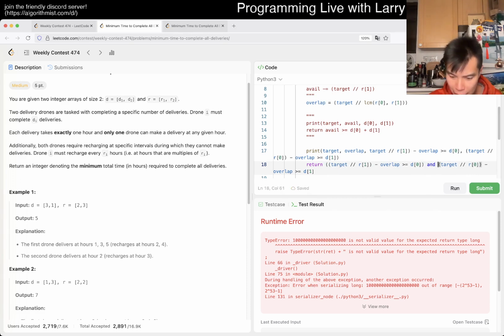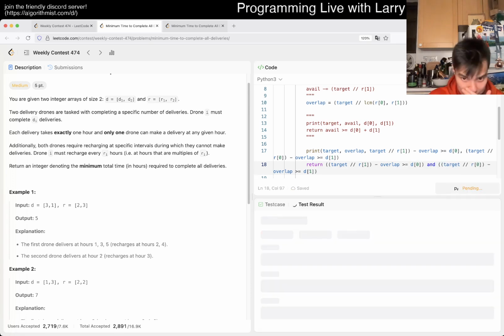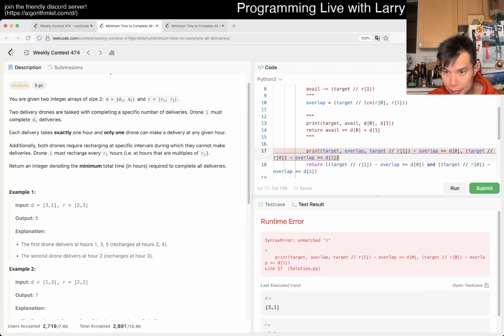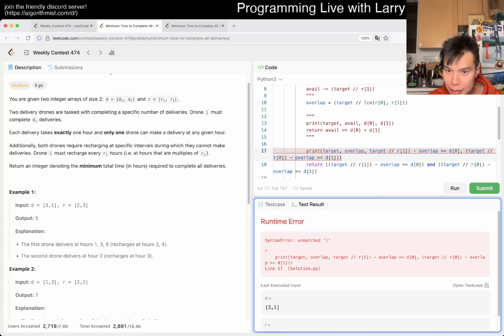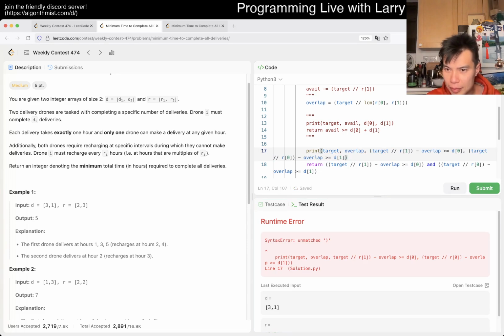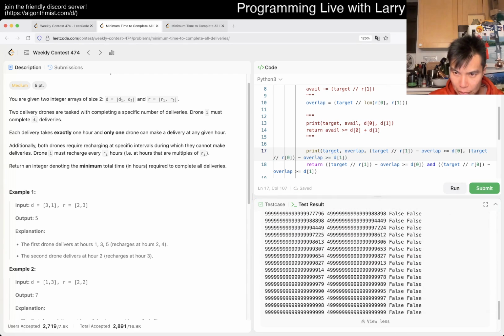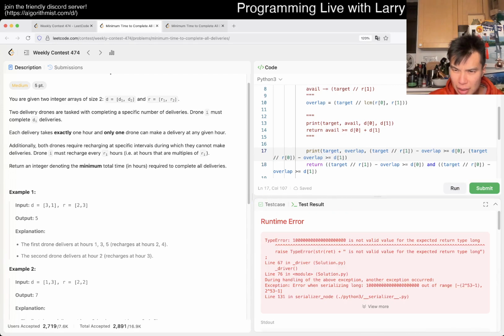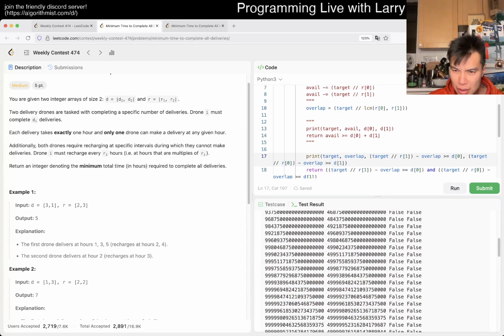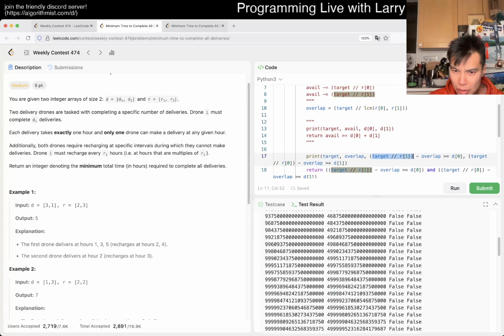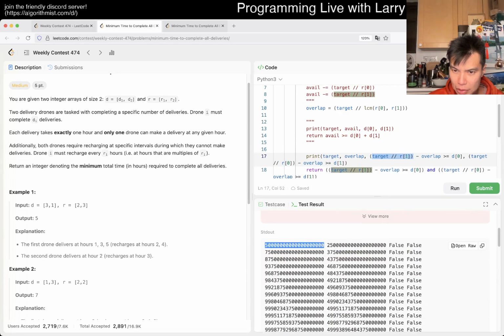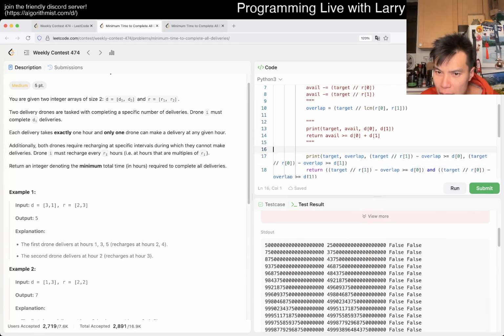You never know. I meant not syntax, but like an order of operation thing. Did I miss someone? Oh, I did. Okay. So it's false all the way. Why? Target. Oh, the overlap. This should be true, right? This. Oh no, this is target.